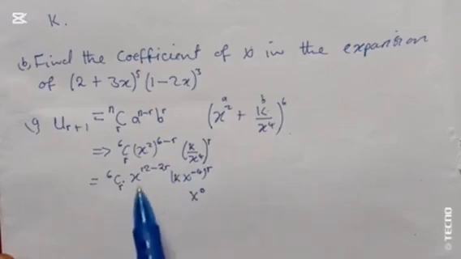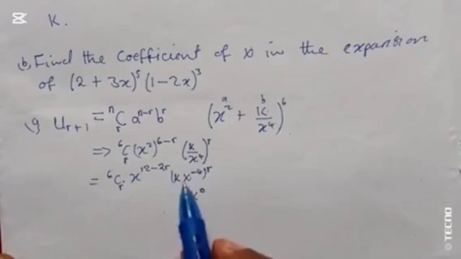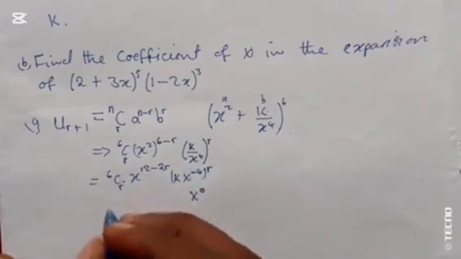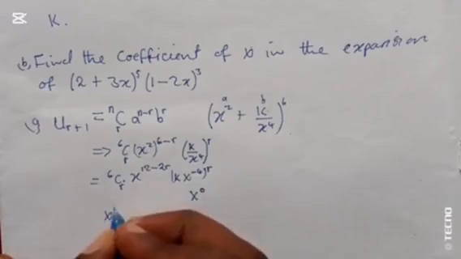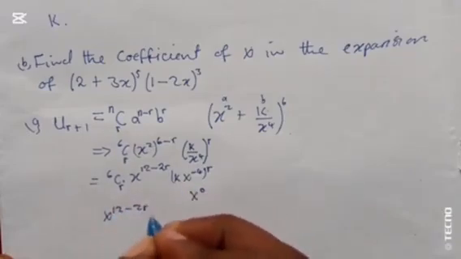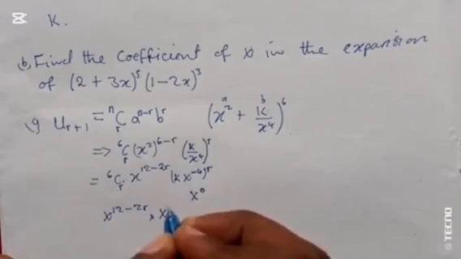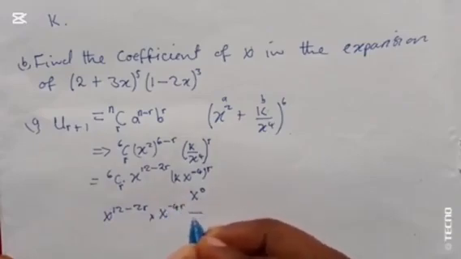That's all. So in this case, we just take this and this one. We are not going to substitute, but we just take them. So we'll say x to the power 12 minus 2r, multiplied again by x to the power negative 4r.